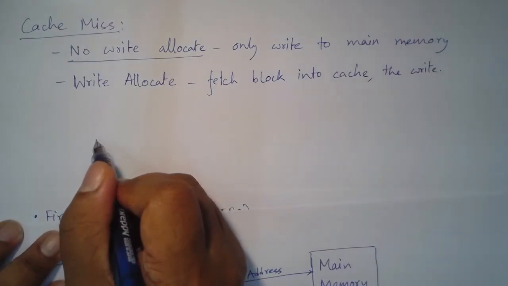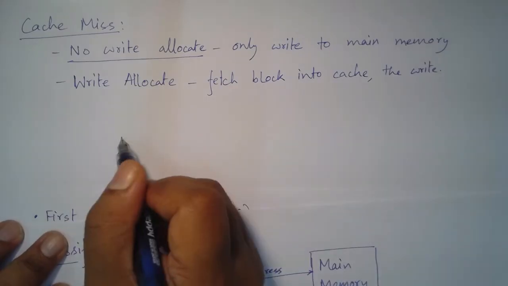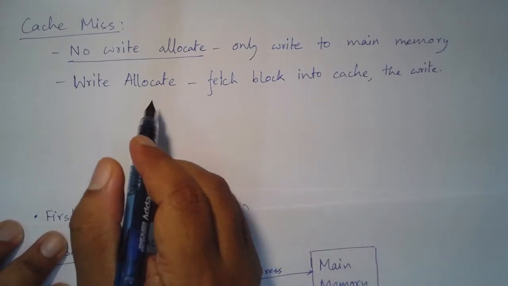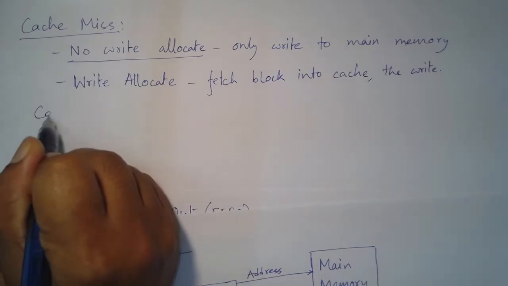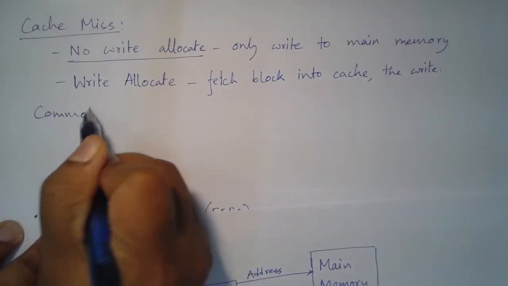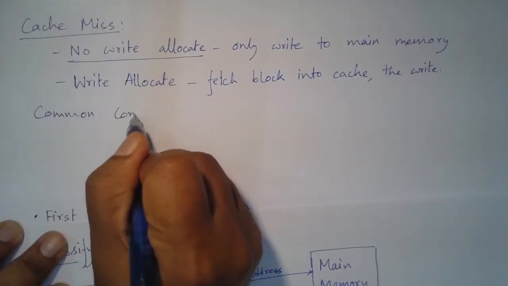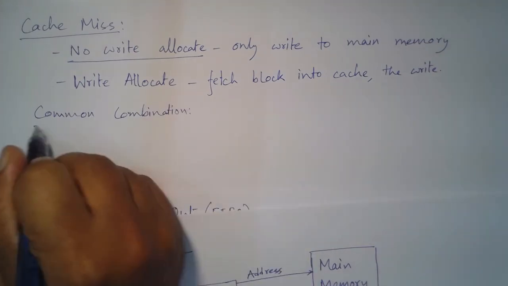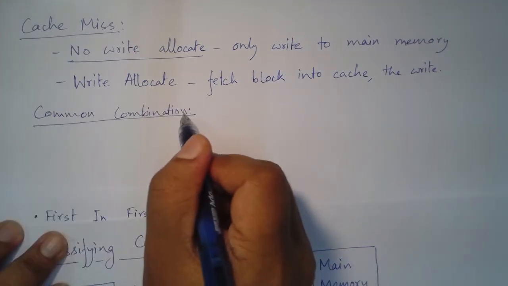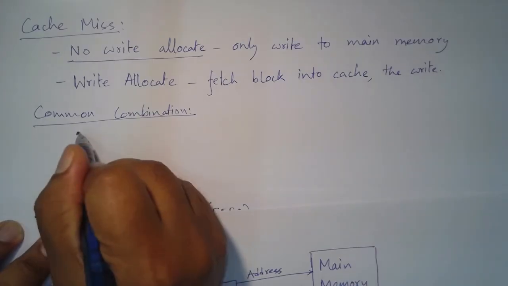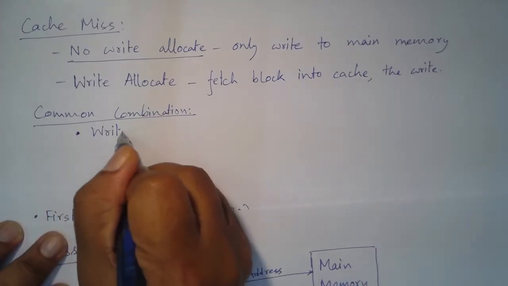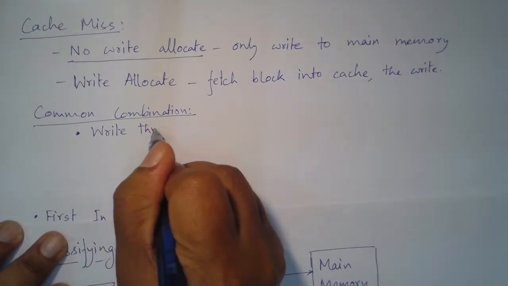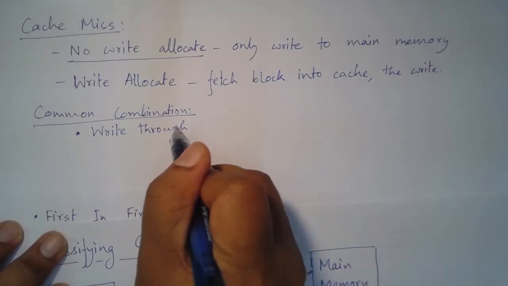So what are the common combinations you will find in most caches? A combination which is widely seen is write through and no write allocate.